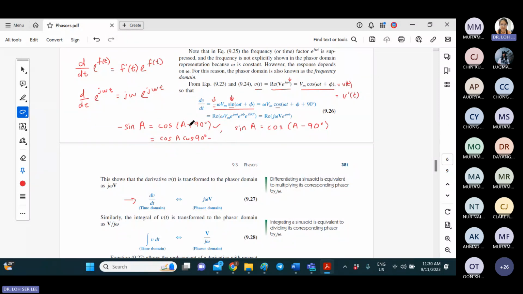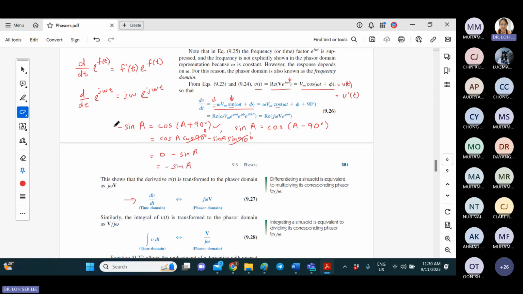Then sine A sine B. And we know that sine 90 degree is 1. Cos 90 degree is 0. So 0 times cos A is 0. Minus sine A times 1, you get a sine A. That's why you get negative sine A.